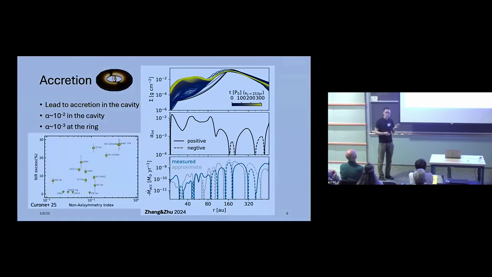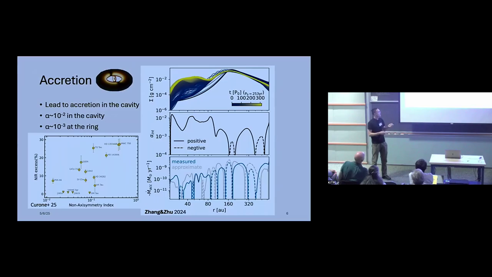There are recent ExoALMA results showing a strong correlation between the near-infrared excess and the asymmetry index. The more asymmetric your disk is, the more near-infrared excess it has. There's also another strong correlation between the mass accretion rate and the asymmetry index.